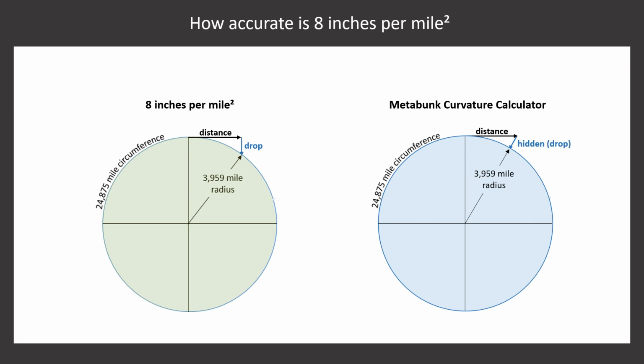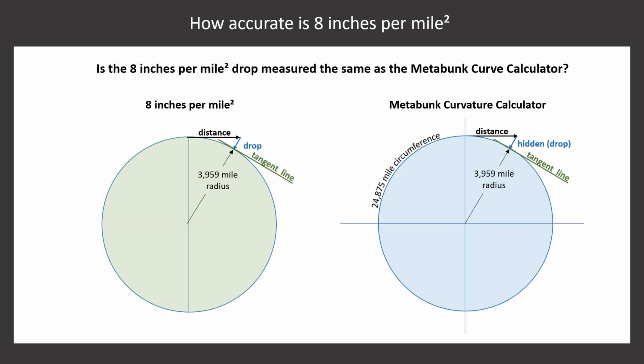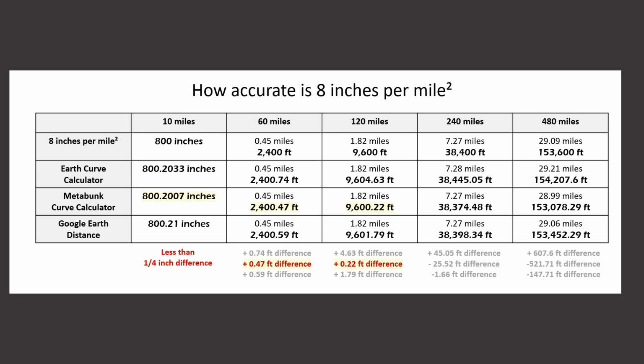So what about the Metabunk curvature calculator? Maybe the line of drop for 8 inches per mile squared is also perpendicular to the tangent line. Well, in this case, the difference was as small as at 10, 60, and 120 miles, which of course means that the differences between 8 inches per mile squared and Google Earth were the smallest at 240 and 480 miles.